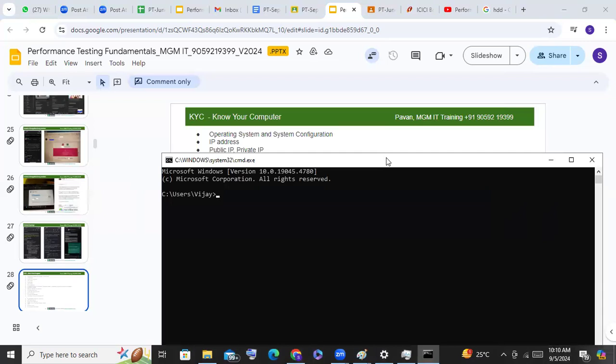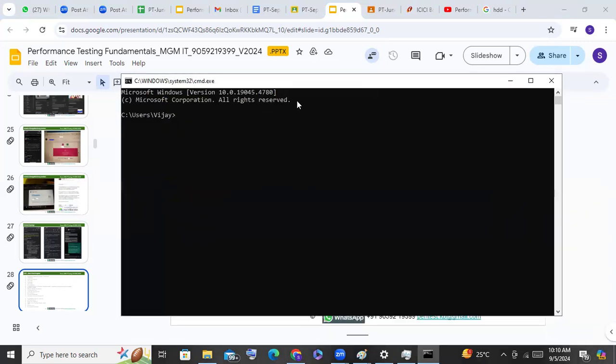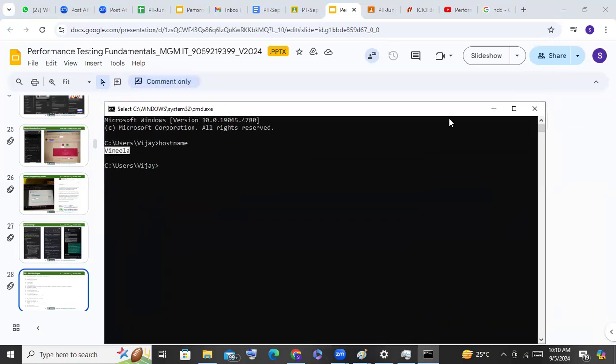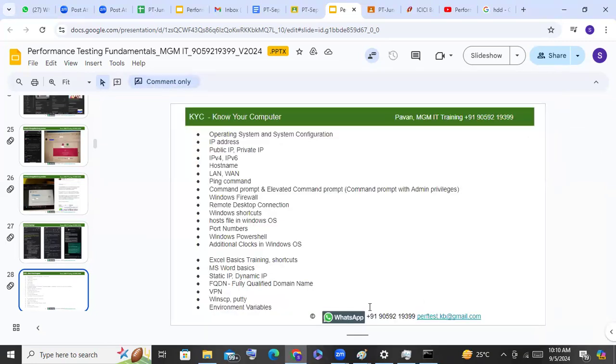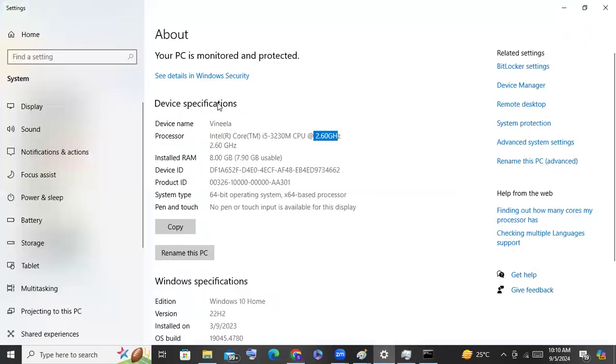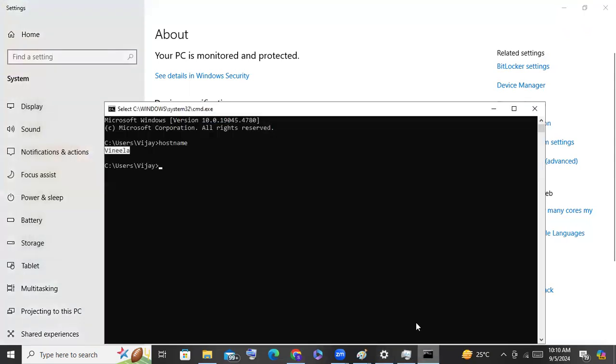How would I be able to know it? I can go into the command prompt and type in hostname, and I would be able to know the device name. Is that clear, guys? The same device name that I get over here, I can get from there as well.